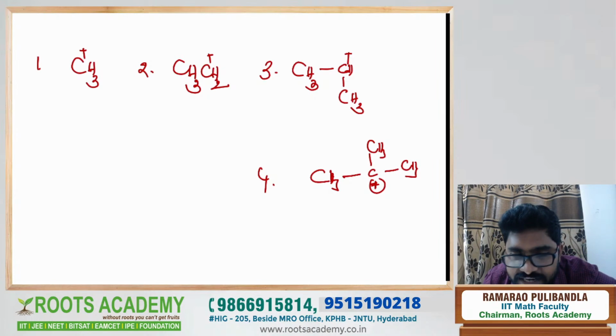Tell me what is the stability order over there? Which is more stable among 1, 2, 3, 4? These kind of questions we can expect for the EAMCET or Mains or NEET. Which is more stable, which is less stable?